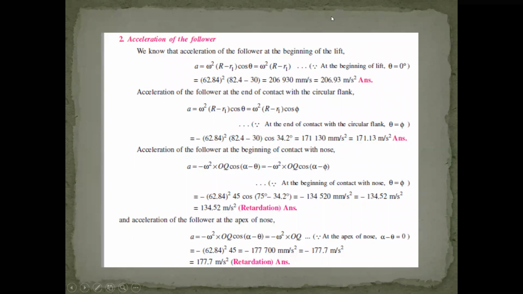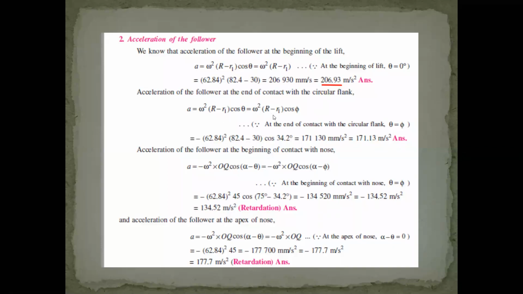So that is 206.9 meter per second square. In a similar way, find the acceleration of the follower at the end of the contact. When it is taken to be the end of the contact, theta is replaced with phi.